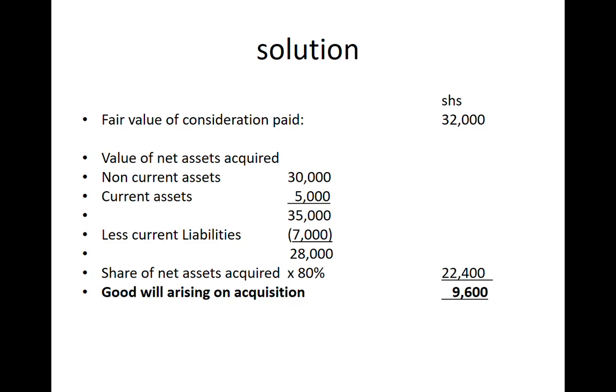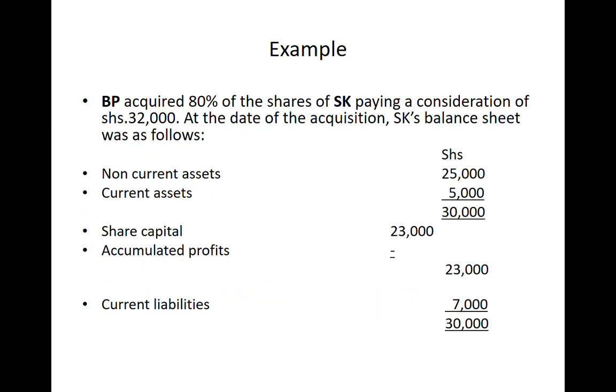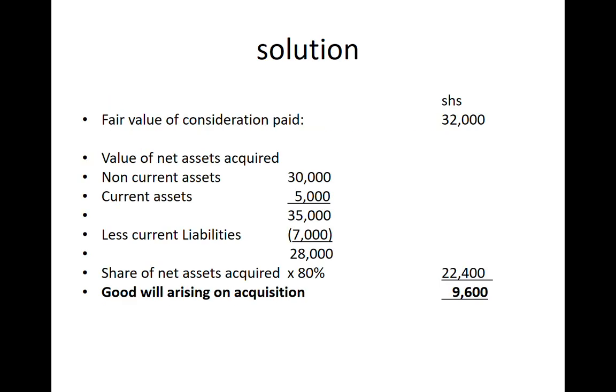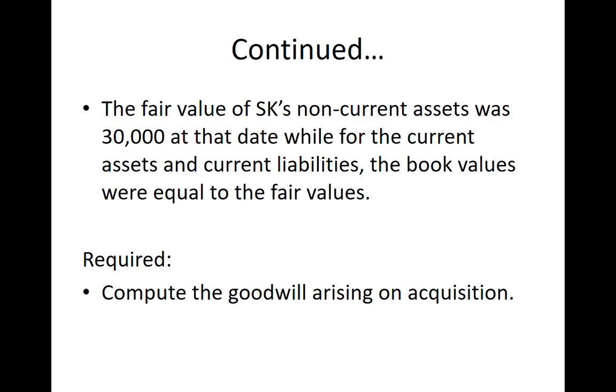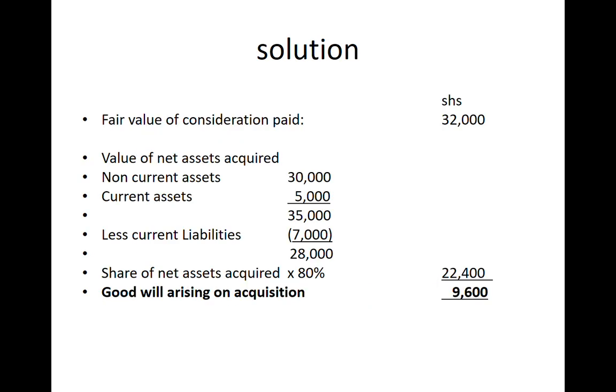So at acquisition of the balance sheet of SK, we are going to acquire the non-current assets, which we have valued at 30. That is now a valued position. Then you have also assessed that the current assets of SK are at 5,000, so the total assets are 35,000.